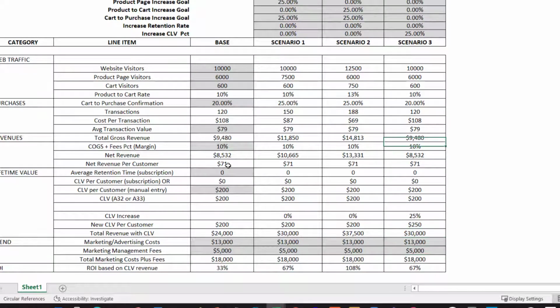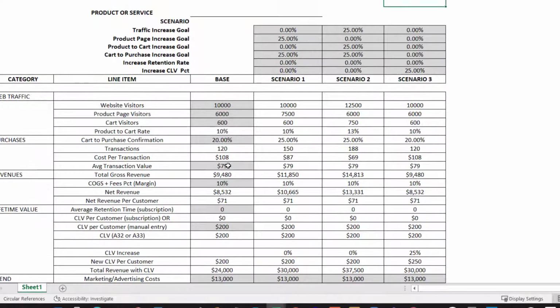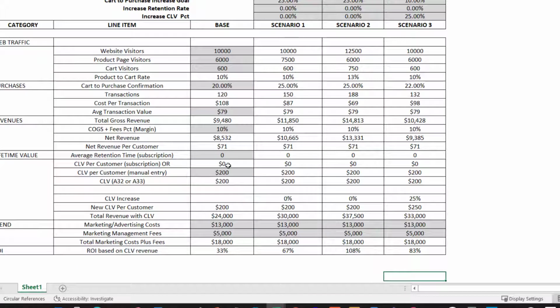Now, again, playing with these calculators, you could say, okay, we increased retention rate, but let's also increase our conversion rate even 10%. So now it's 83% as compared to the base of 33%.